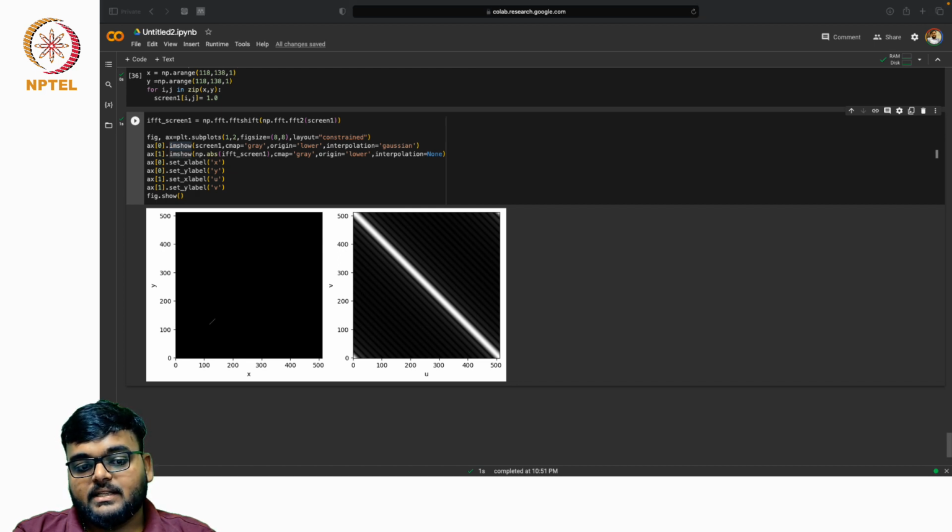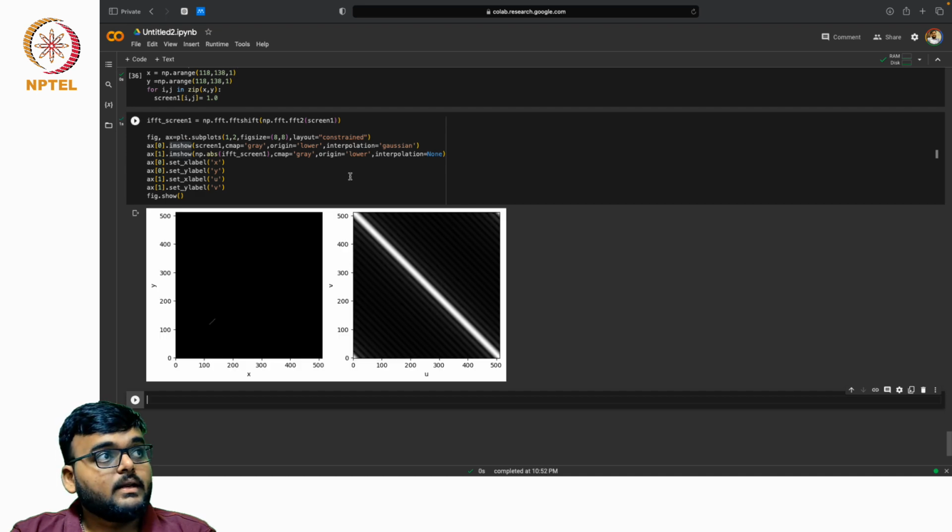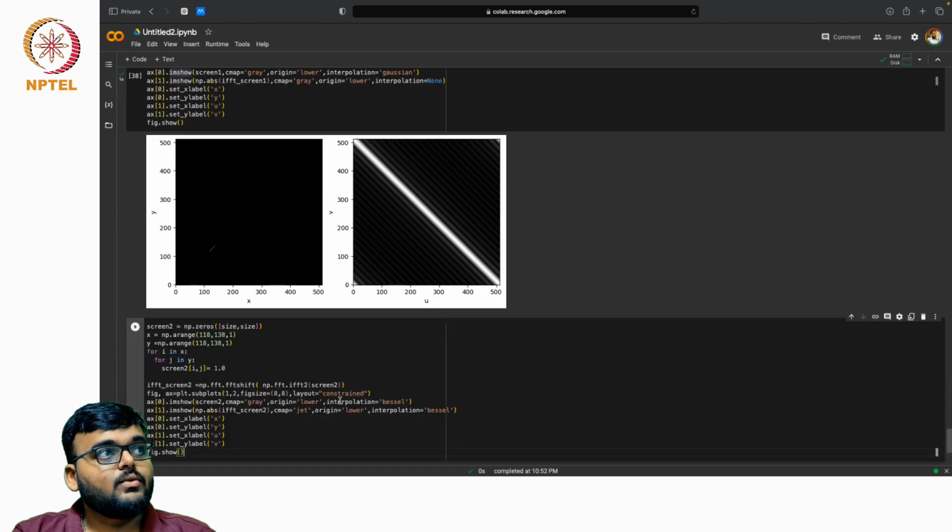Now let's see if we have a rectangular aperture. This is the interesting thing which I wanted to show, because we discussed that this kind of aperture will result in a sinc wave. If we have a rectangular aperture, you will see a sinc wave here.